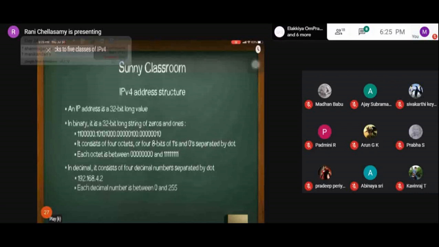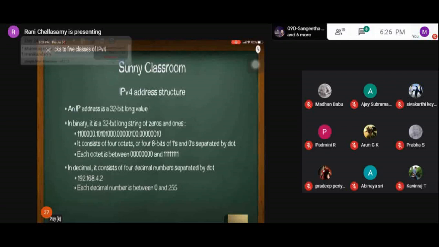In other words, an IP address consists of 4 octets, or four groups of 8 bits of zeros and ones, each separated by dots. In binary, each octet ranges from 8 zeros to 8 ones.